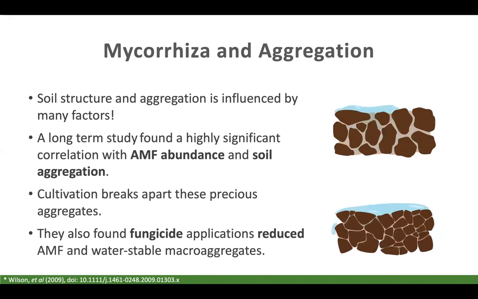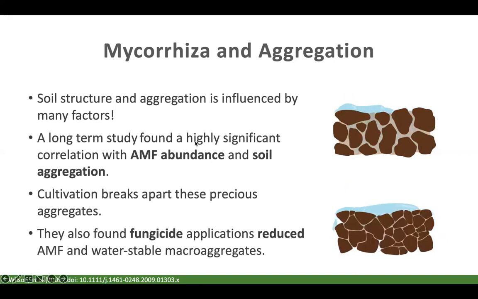So they found that wherever you have the highest levels of mycorrhizal colonization, you'll have the highest levels of aggregates. And if you have good levels of aggregates, then you have good pore space by default. You're going to have good porosity. And it is that porosity that brings so much of the important benefits.